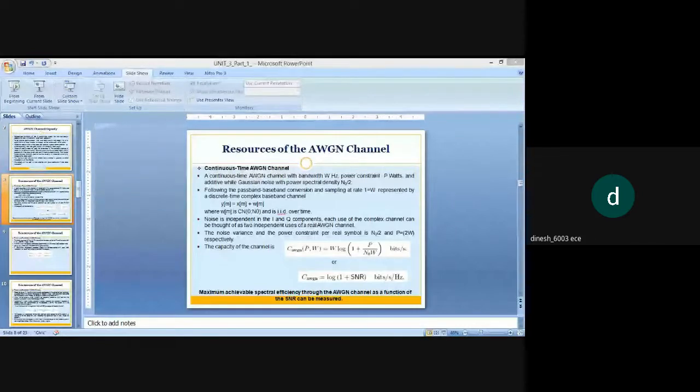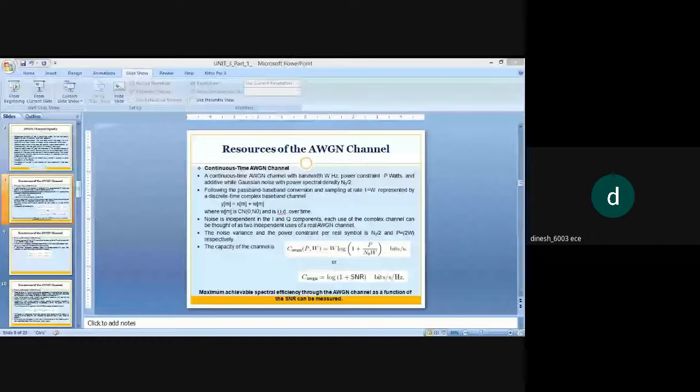This is obtained by Shannon's coding theorem, which proves that codes exist that touch data rates arbitrarily close to capacity with arbitrarily small probability of bit error.